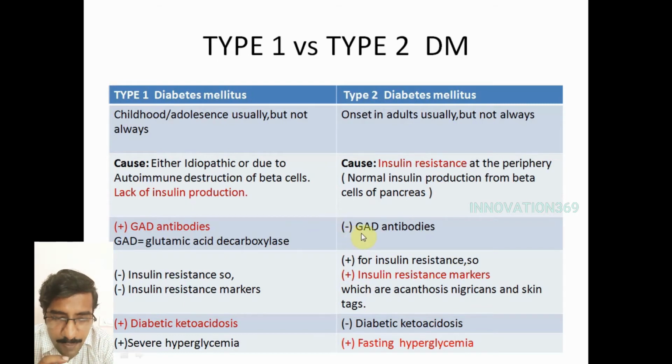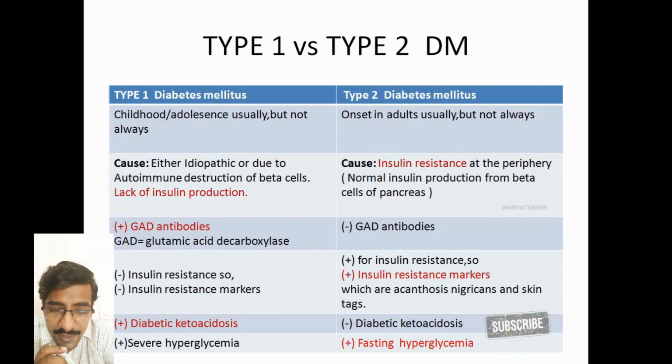In type 1 diabetes mellitus, as we said, it is the destruction of beta cells, so insulin is not produced, but it is not a problem of insulin resistance. So when there is no insulin resistance, we don't see insulin resistance markers in type 1. What are these insulin resistance markers? They are nothing but acanthosis nigricans and skin tags, usually seen at the back of the neck and at the waist level.